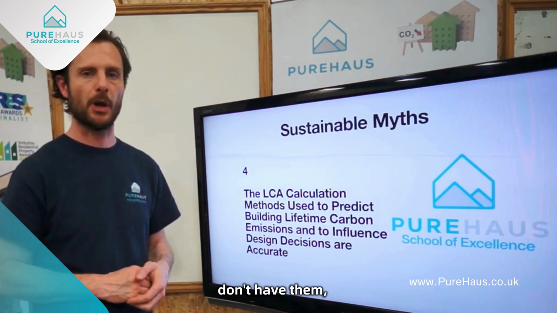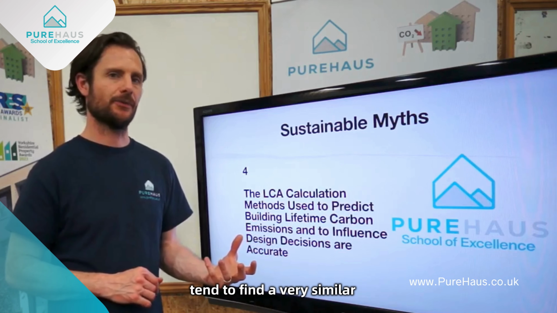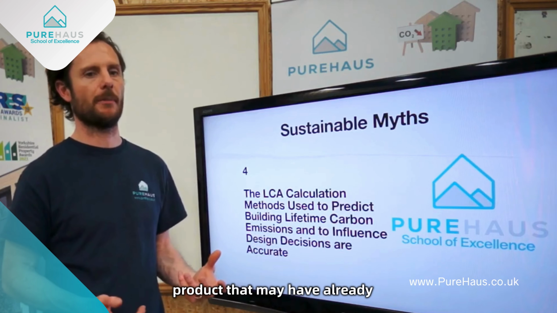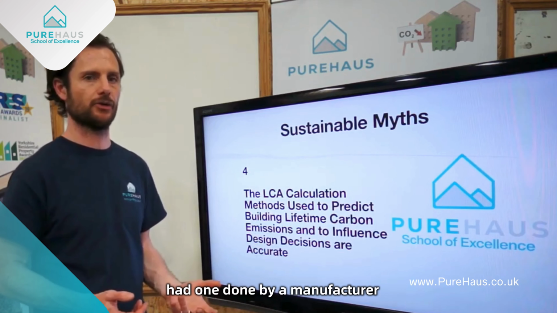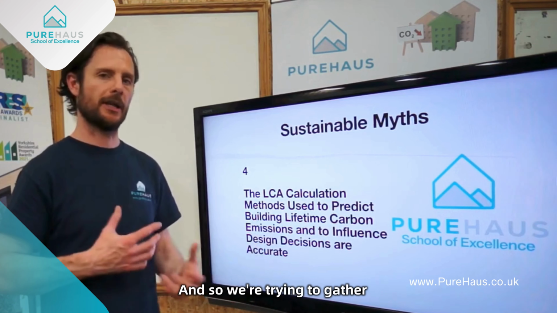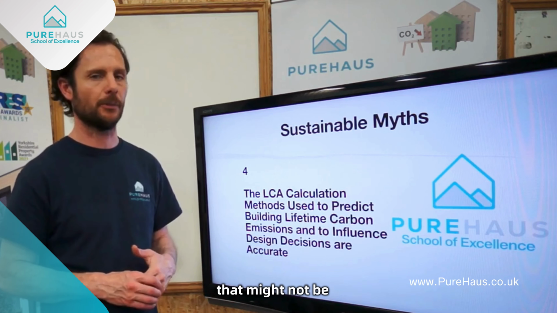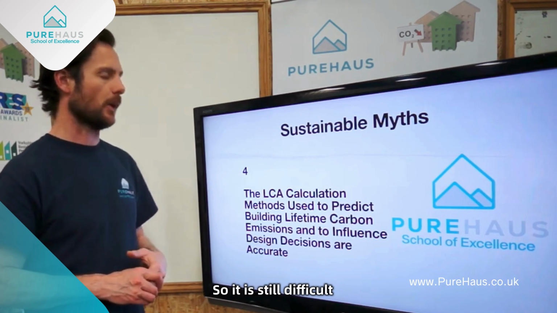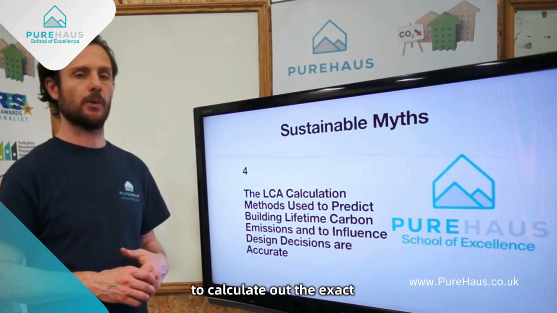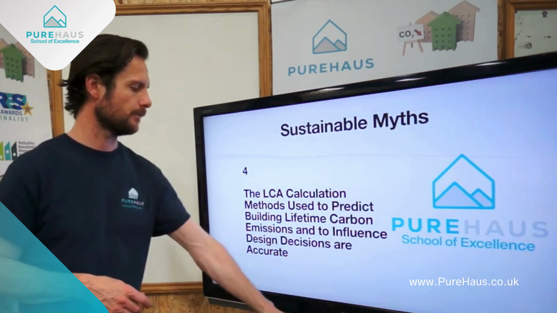Most products probably don't have them, so when designing a building, we tend to find a very similar product that may have already had one done by a manufacturer, while another manufacturer probably hasn't. And so we're trying to gather data together on products that might not be readily available. So it is still difficult to calculate the exact embodied carbon of the building.